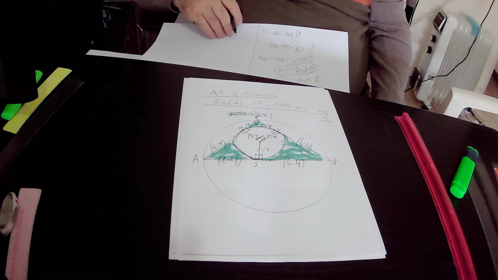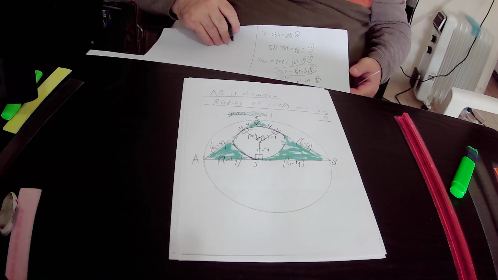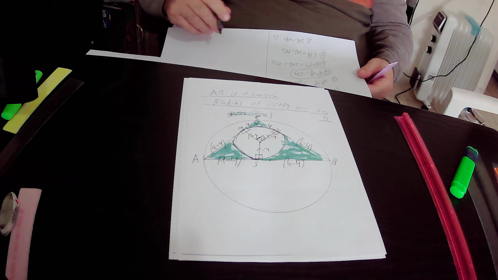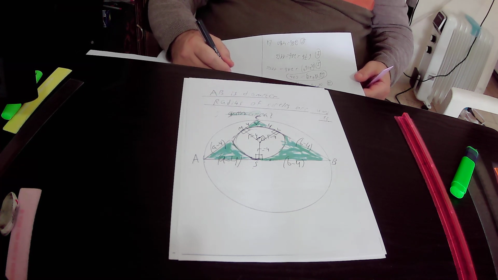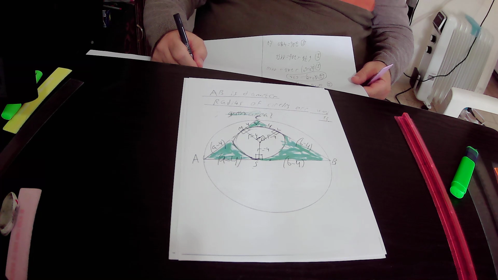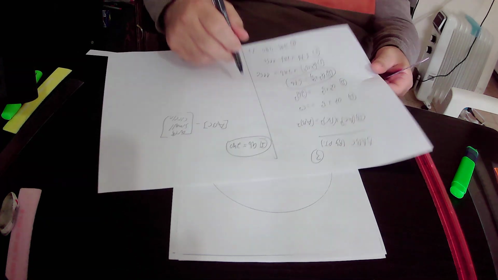And what is the blue area actually? What is the blue area? The area of triangle ABC minus the area of the small circle will give us the blue area.